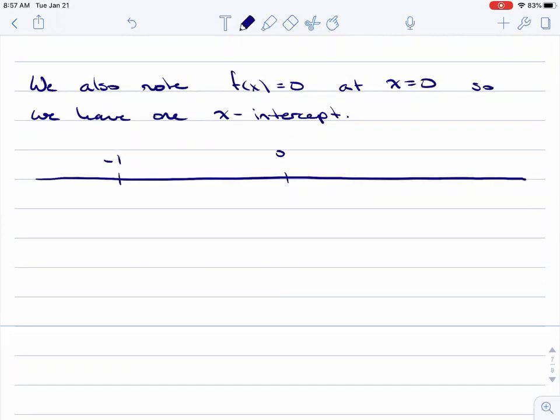We've got 0 and we've got 2. I'm not drawing these proportionately spaced out, because it doesn't really matter. I just want to look at how the function behaves on these intervals. In fact, I'm going to move my 2 in a little bit because I also want to know what it looks like on the right-hand side of 2. Okay.